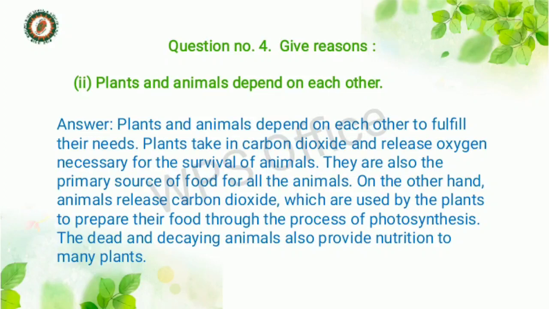They are also the primary source of food for all the animals. On the other hand, animals release carbon dioxide, which is used by the plants to prepare their food through the process of photosynthesis. The dead and decaying animals also provide nutrition and minerals to many plants. So in this way, plants and animals depend on each other.